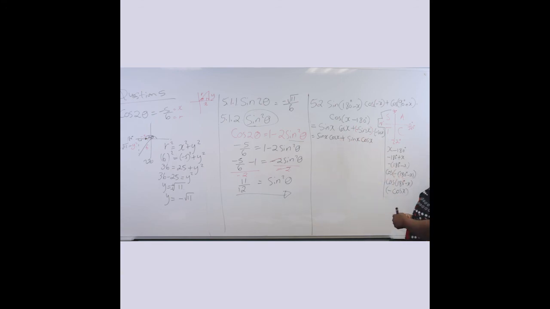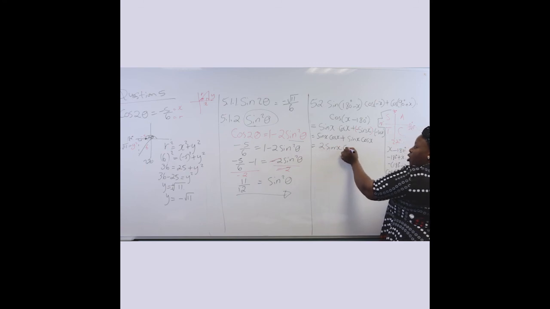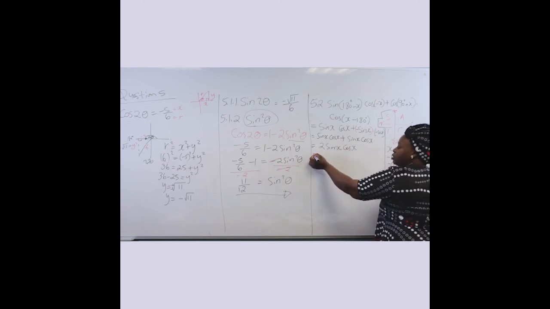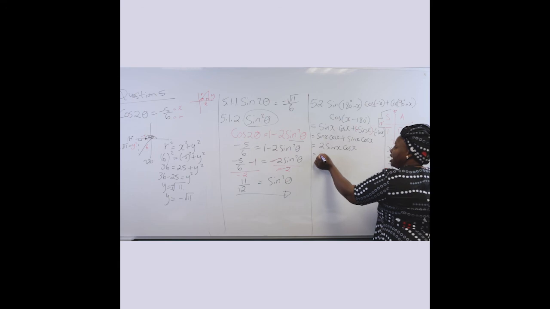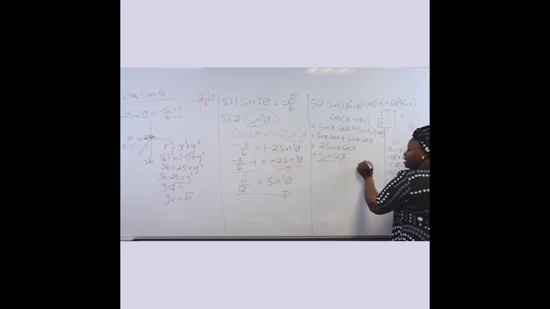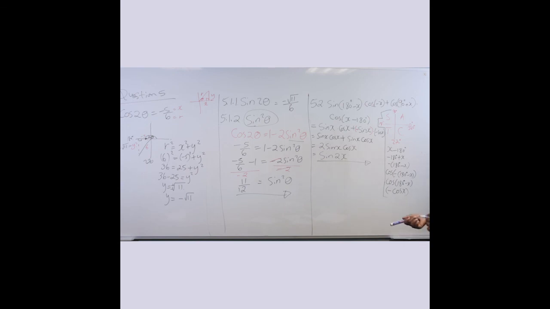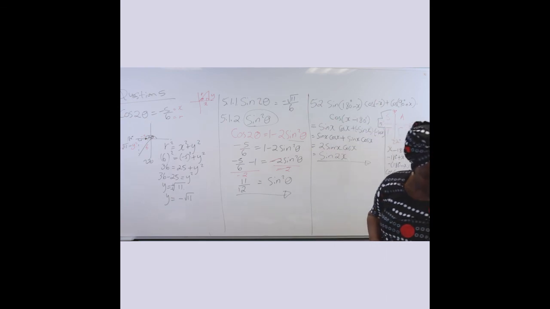So we can add them together, for which we'll have 2 sine x cos x. Now, 2 sine x cos x is written in your formula sheet as the double angle of sine. So you can write it as sine of 2x. Can you see now you have your single trigonometric ratio, and that's where you'll get your full marks in total.